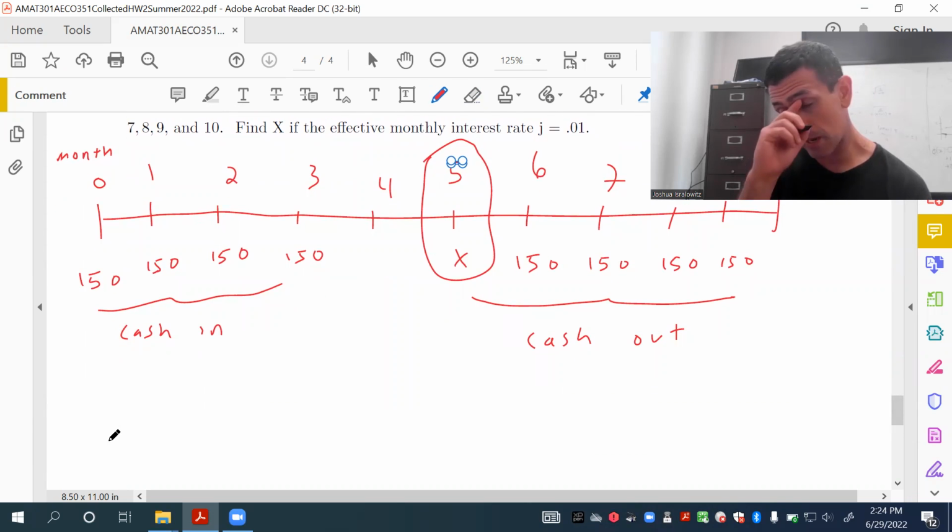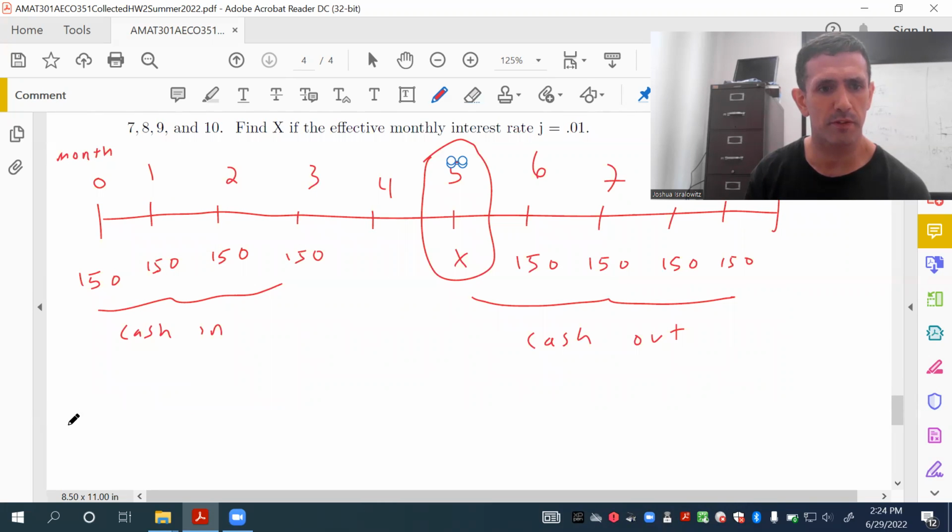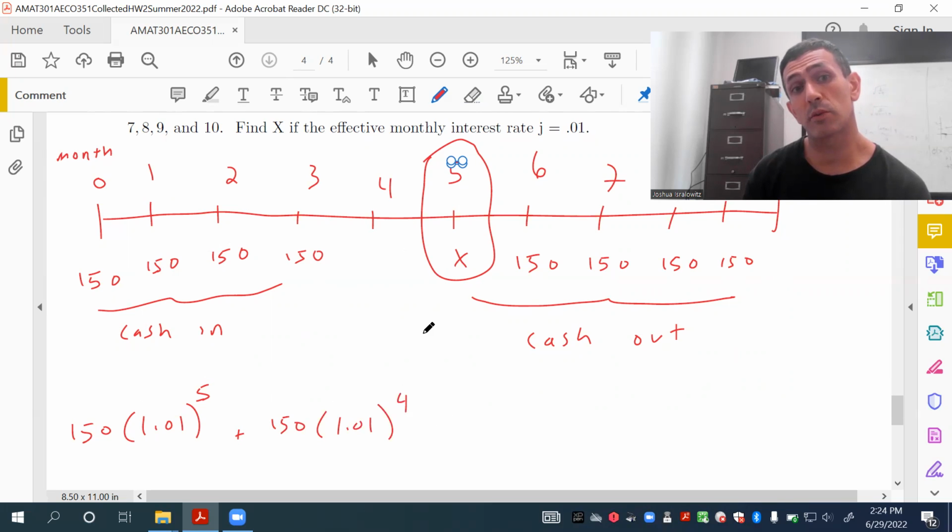All right, so let's figure out what X is. Time value everything to T equals 5. So 150 earns 1, 2, 3, 4, 5 periods of interest at 1% monthly interest: 150 times 1.01 to the 5th. The 150 at T equals 1 has 4 periods of interest. Again, technically it doesn't really earn interest.